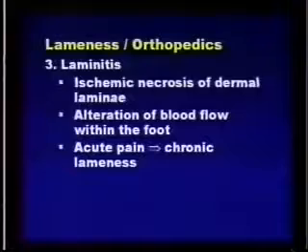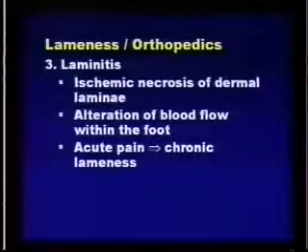The next lameness problem that we're going to discuss is laminitis. And this is a disease that has had a lot of research conducted on it recently over the past 10 to 15 years. Unfortunately, a lot of the research results have been conflicting, but I think everyone would certainly agree that laminitis involves alteration of blood flow to the foot.